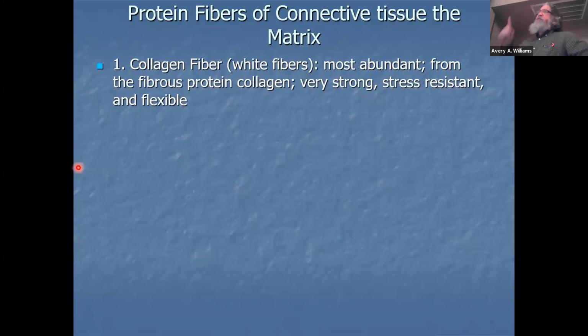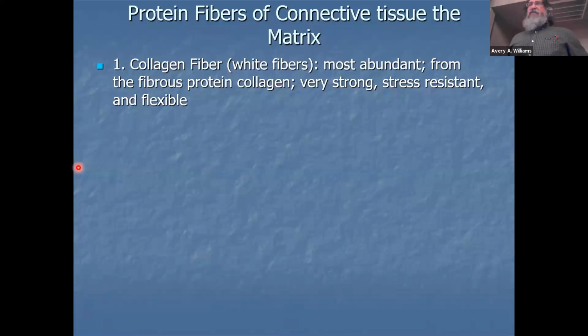The number one, and it's probably most of the time when you're looking at connective tissue, the most common protein fiber that you would find, is collagen fibers, because they're made out of the protein collagen. Sometimes collagen fibers are called white fibers just based on their appearance.